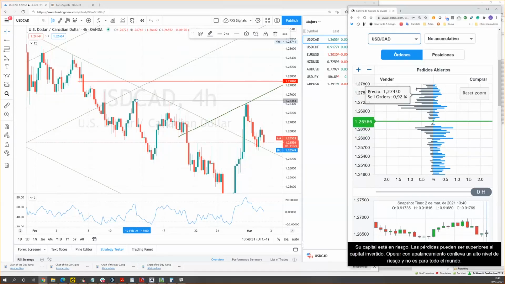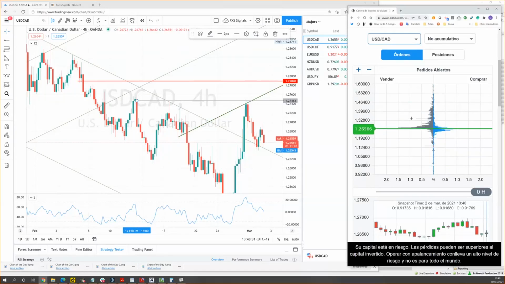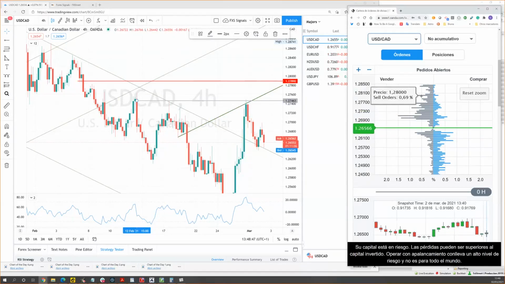27. Oh, I have to zoom out. 27.65. The 28 figure stands out, particularly the difference between the buy orders at the 28.